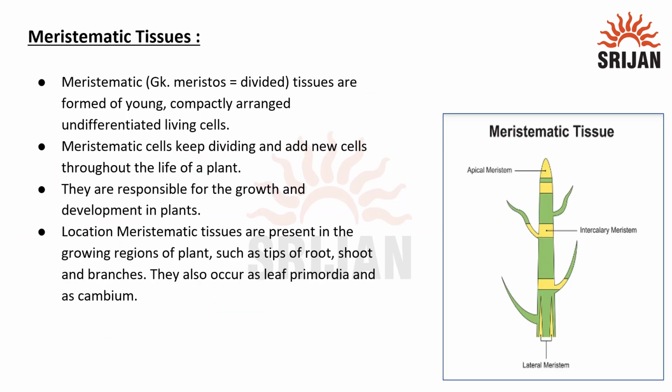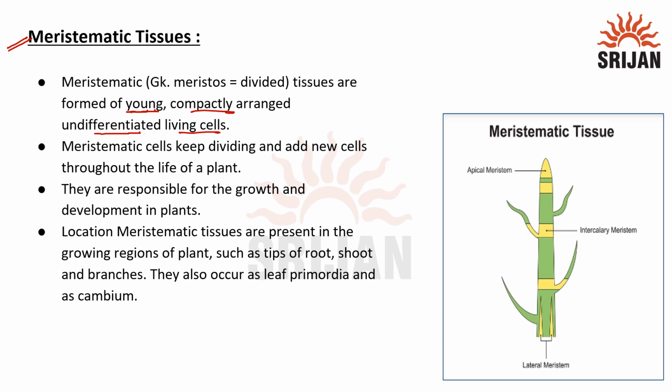Moving ahead to meristematic tissues. Meristematic tissues are formed of young, compactly arranged, undifferentiated living cells. We know these meristematic tissues need to keep on dividing, so new cells are formed continuously and hence they are young, compactly arranged and undifferentiated.